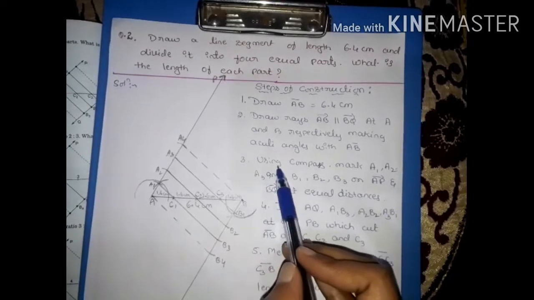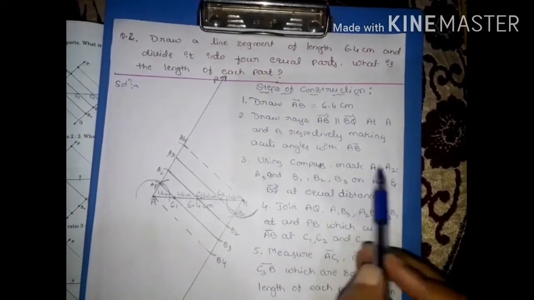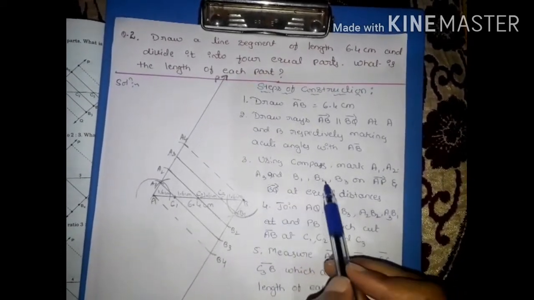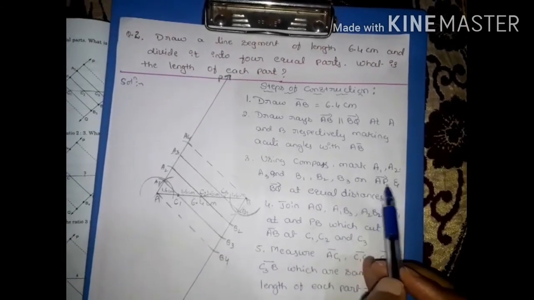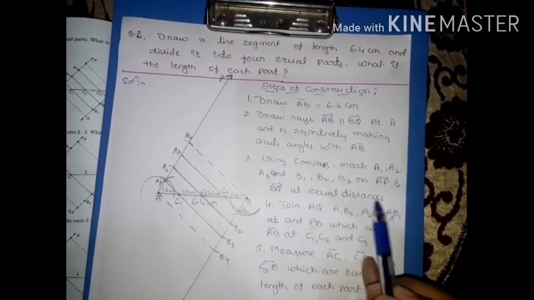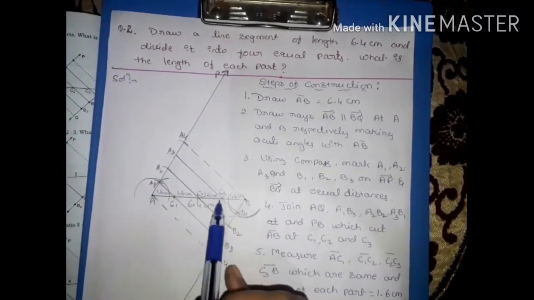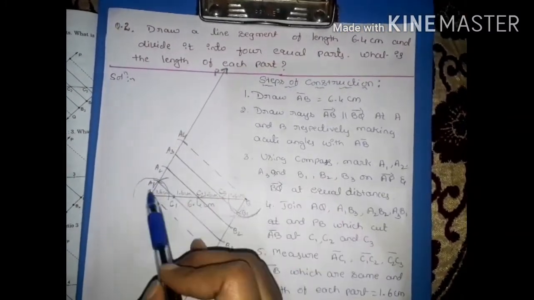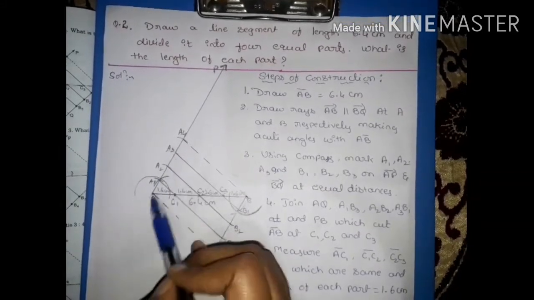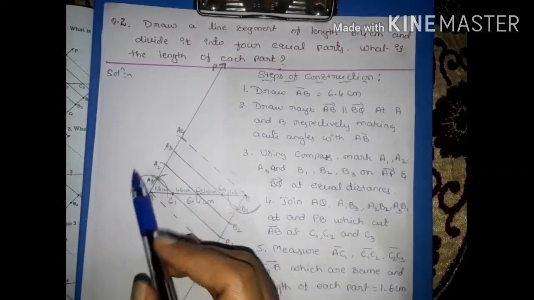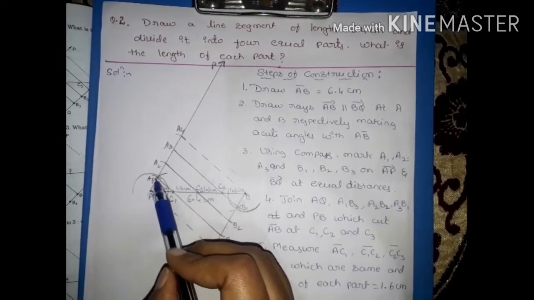Third step, using a compass, mark A1, A2, A3, A4 and B1, B2, B3, B4 on AP and BQ at equal distances. After constructing the parallel rays, mark equal parts on ray AP and ray BQ by taking 1 centimeter from the compass.